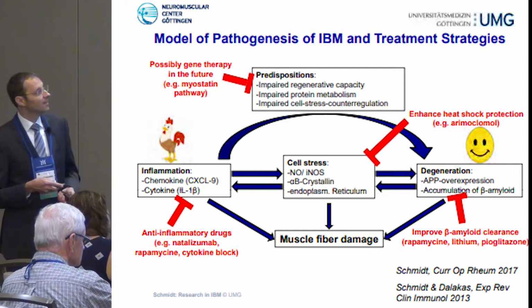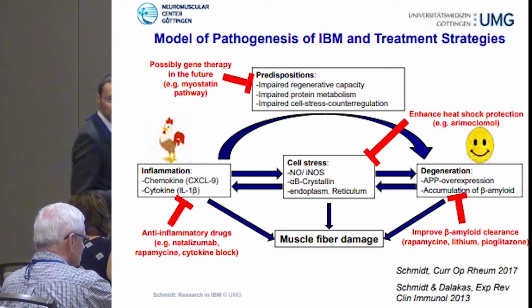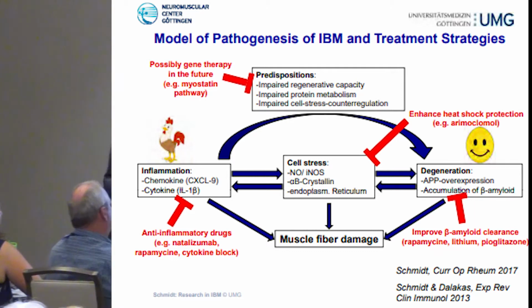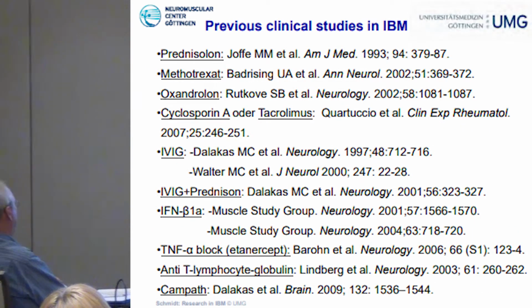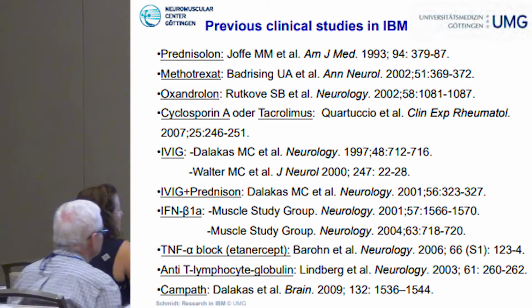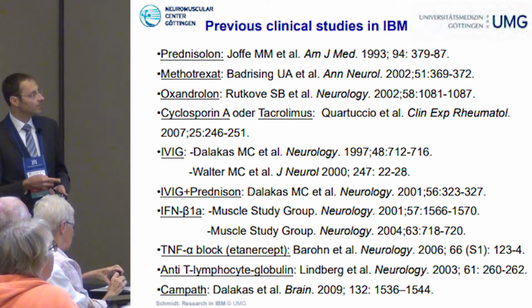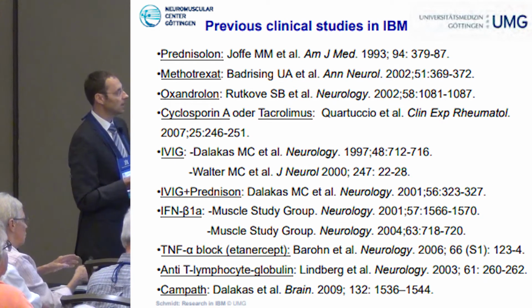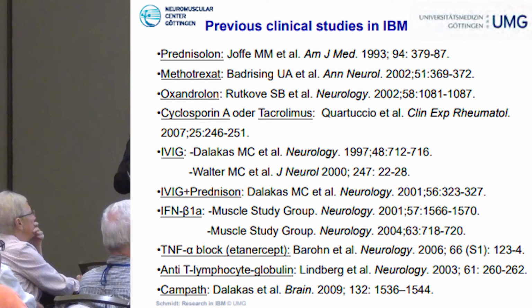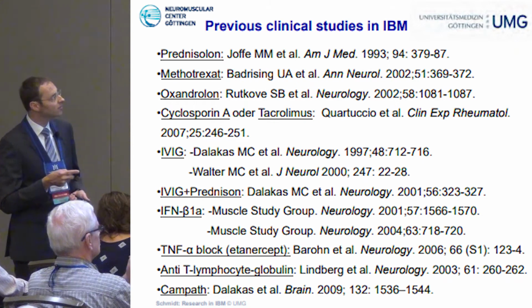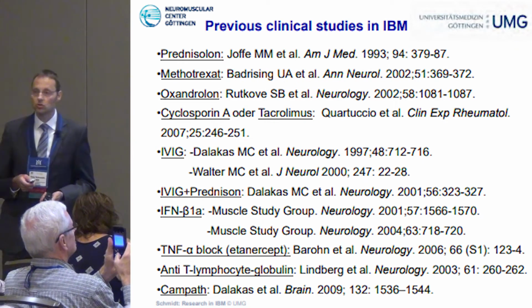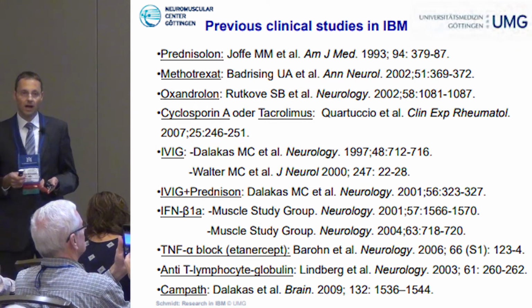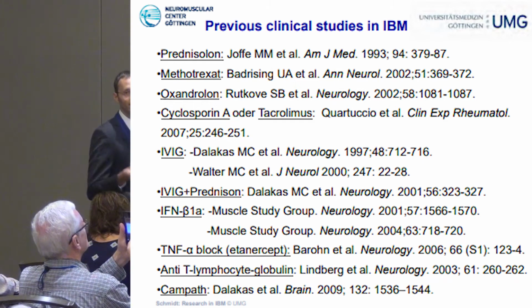Okay, so this is the list of the clinical trials that have been done in IBM, and all of you are aware of the results of those studies, except for some positive and proven positive results of IVIG on the swallowing function. Apart from that, all of these trials have been more or less either underpowered or negative.